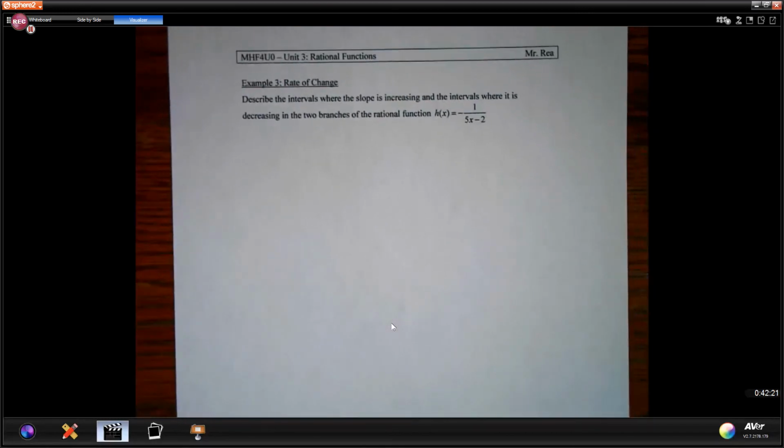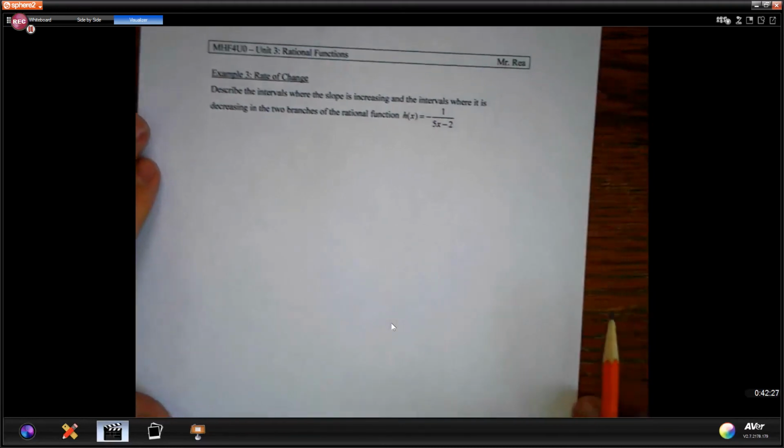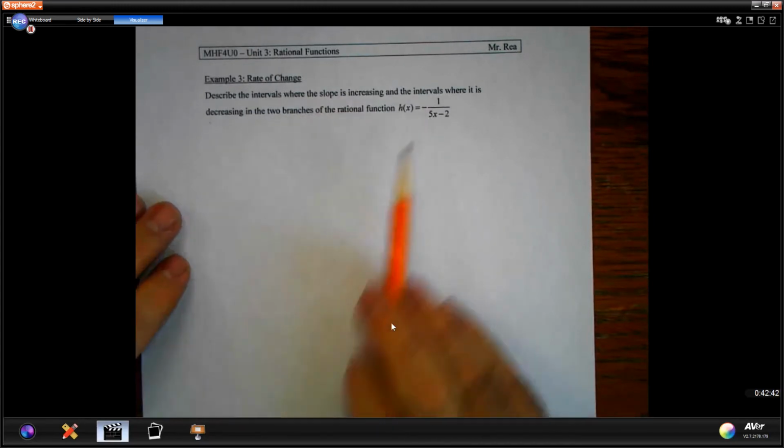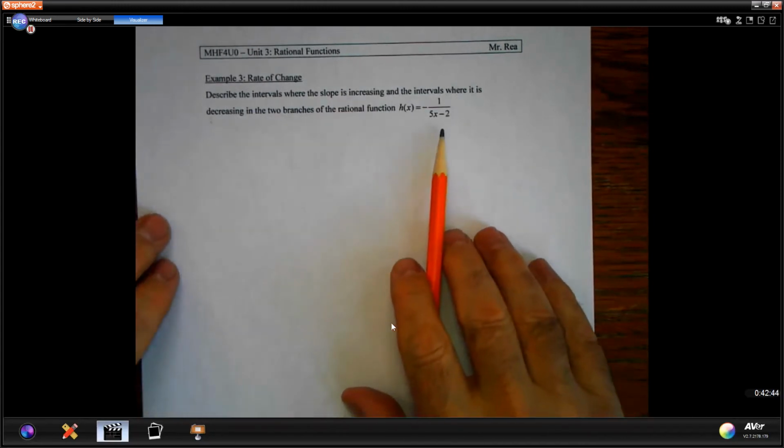So our last example here. There's probably easier ways of doing this, but this is a good chance for us to reconfirm our skills. This is saying describe the intervals where the slope is increasing and the intervals where it is decreasing in the two branches of the rational function h of x equals -1 over 5x minus 2.